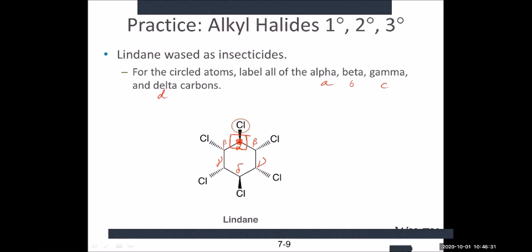You can see this alpha carbon is attached to how many more carbons? 1, 2. Do we have more? That's it, only 2 carbons. So that's a secondary carbon. Secondary alkyl halides. And we'll see some more examples of how the degrees affect the reaction.